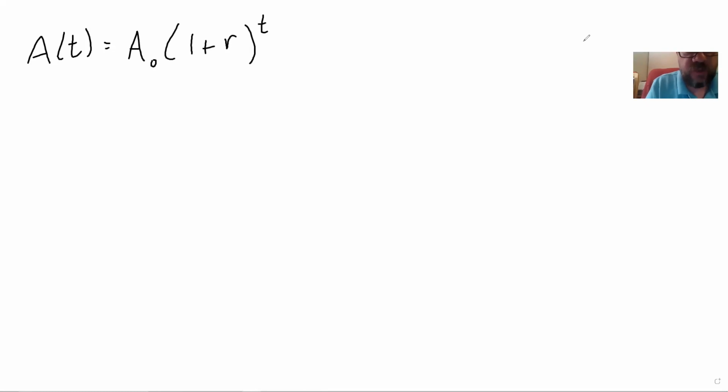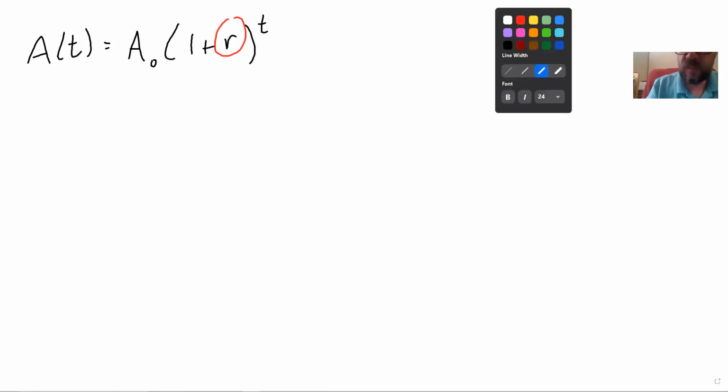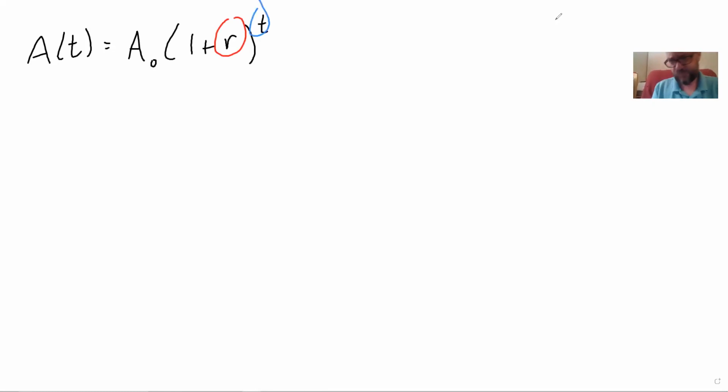Now this assumes that the interest rate is just applied one time, and that t here is in years. So the idea is that if you have 6% interest, and t is some whole number of years, this is how you would calculate the interest.